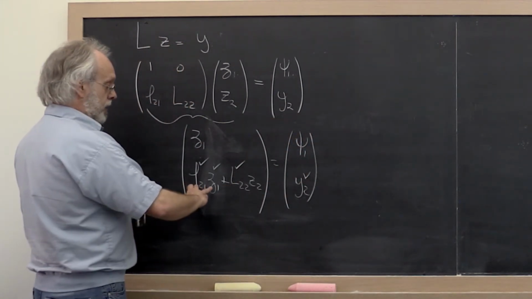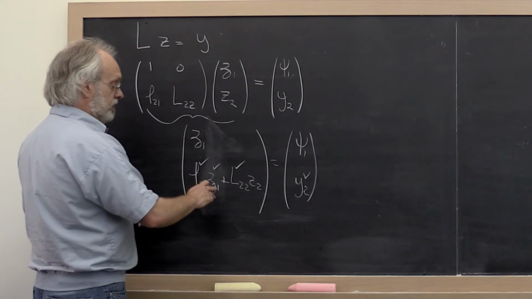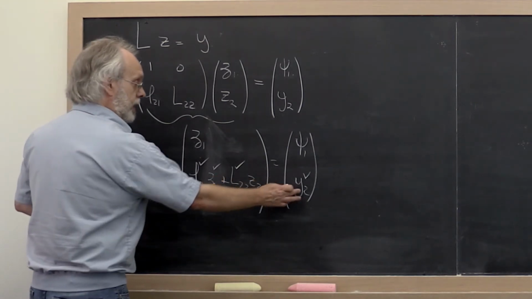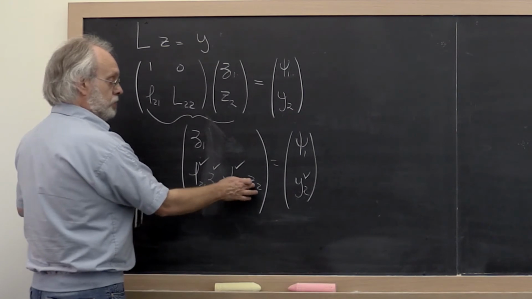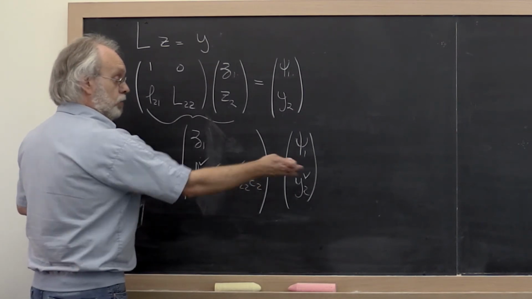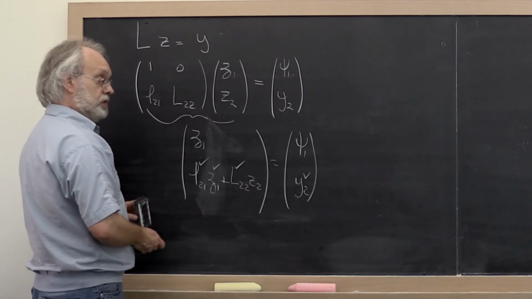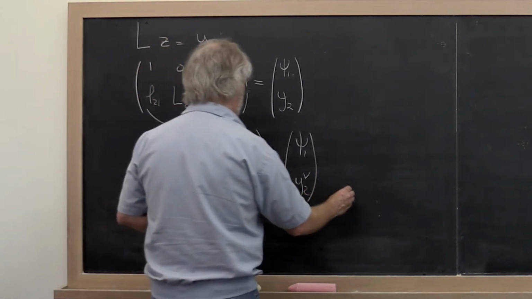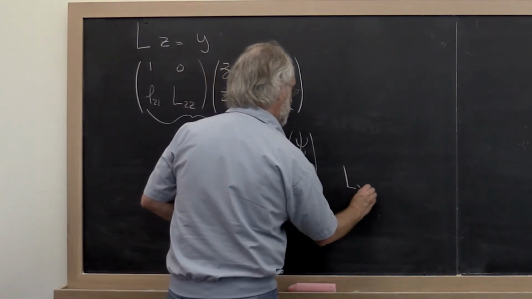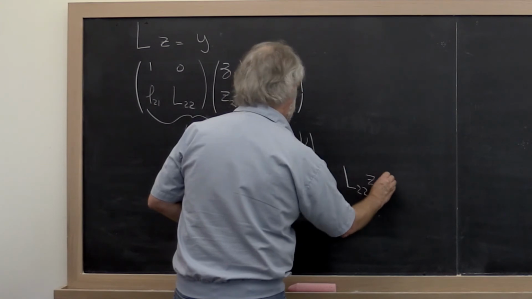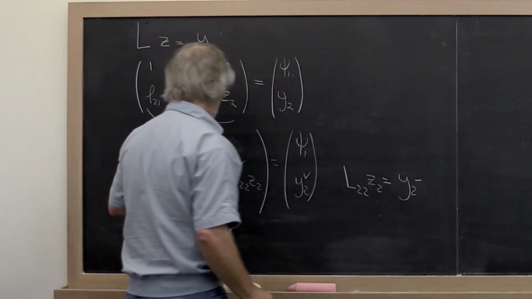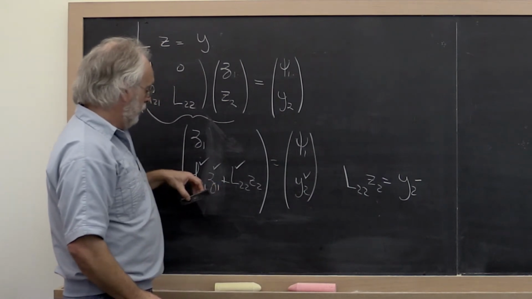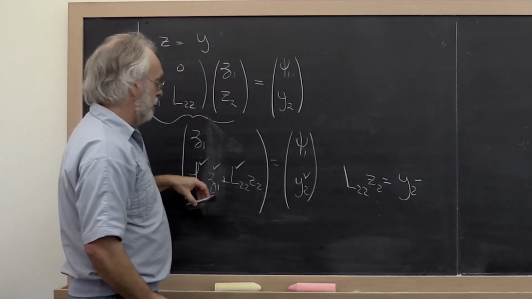So, if we subtract L21 times zeta1 from y2, then we're left with having to solve L22 z2 equal to whatever that updated vector is. So we're left with having to solve L22 z2 is equal to y2 minus, and notice that we can do the vector times the scalar or the scalar times the vector.